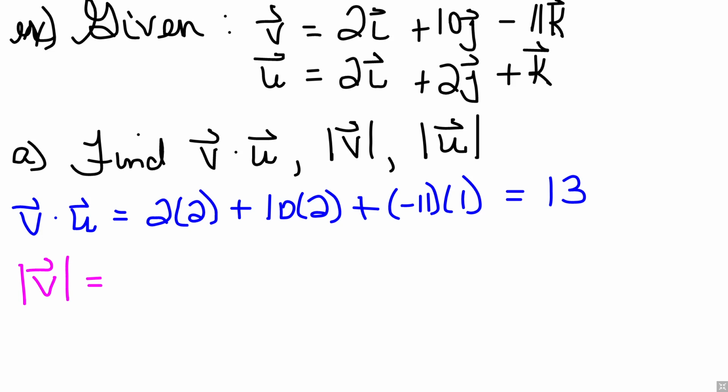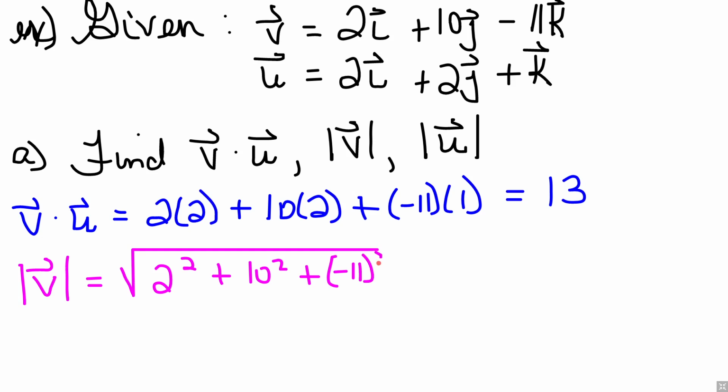That's going to be the square root of, so the first number we're going to have is what? 2. So we have 2 squared plus the next one, 10 squared, and the next one is negative 11 squared. If we simplify that, what value do we get?